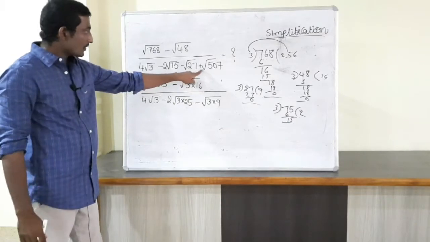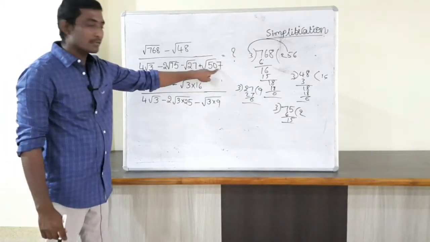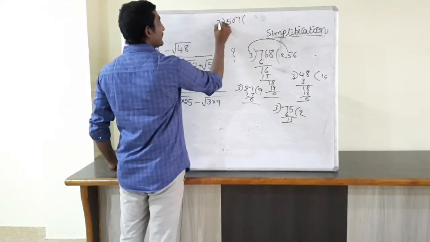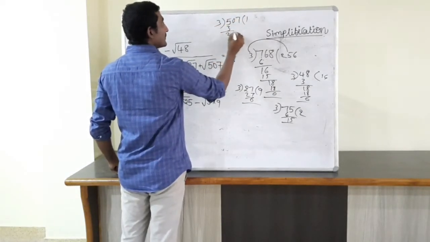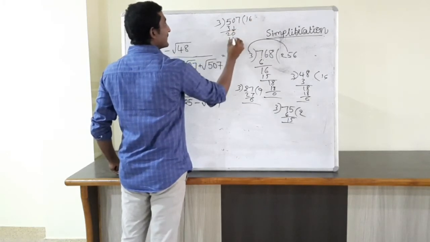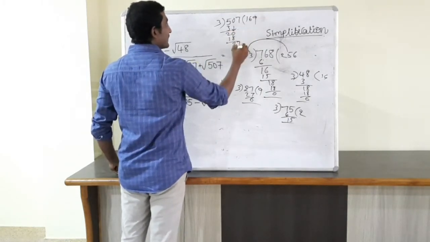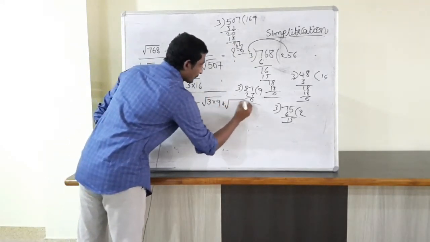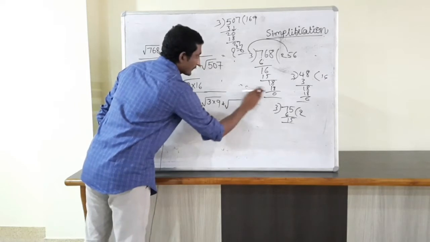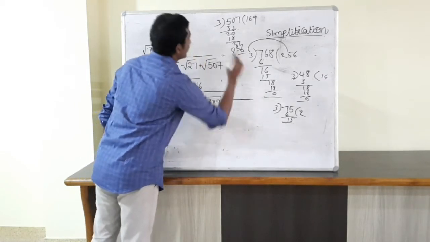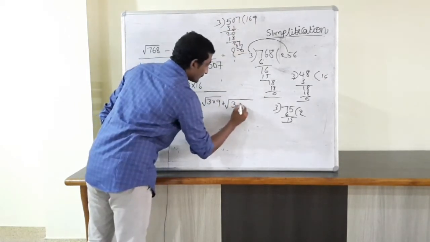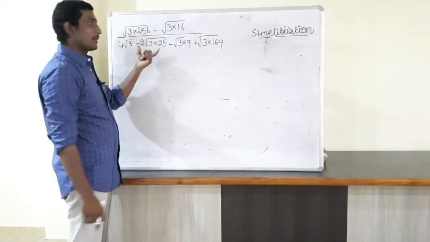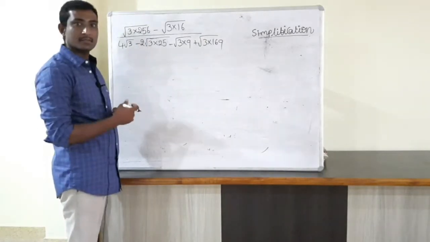Next, what is the next value? 507. 507 divided by 3, how many times? 3 6s are 18, 3 9s are 27. That means plus square root of 3 into 169. Okay? Now observe all the terms.